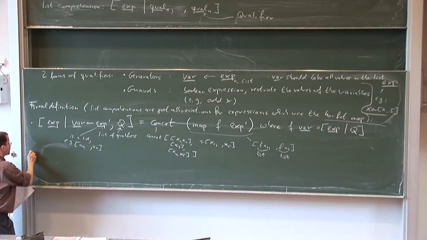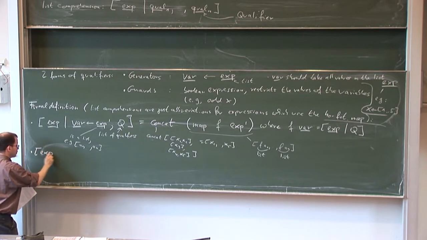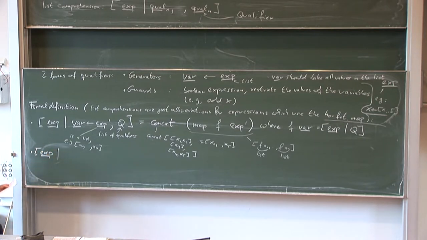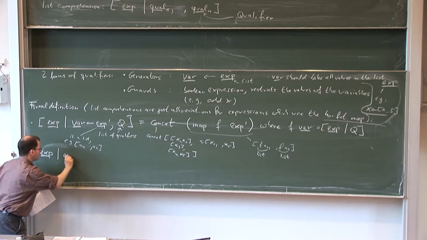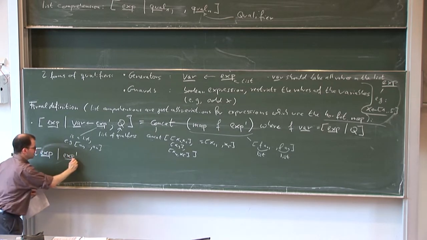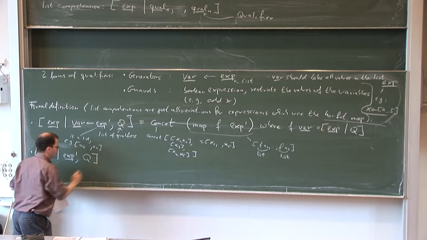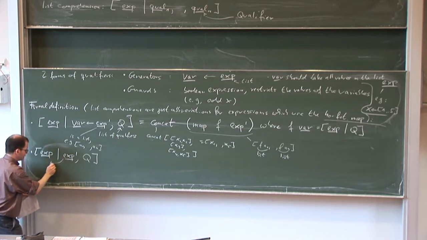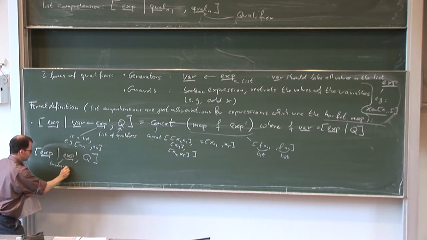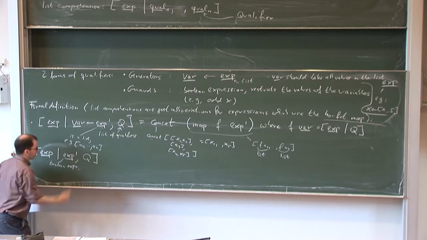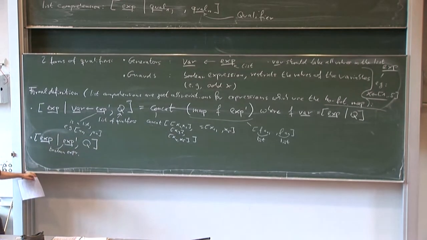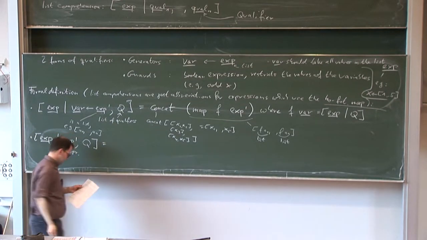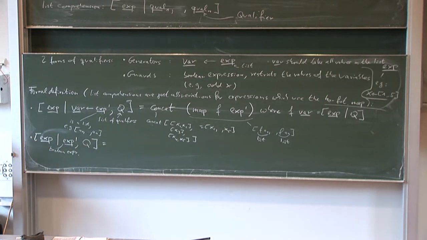What is the definition of such a list comprehension? If the first qualifier is such a Boolean expression, and then there may be many other qualifiers. So this is a Boolean expression.